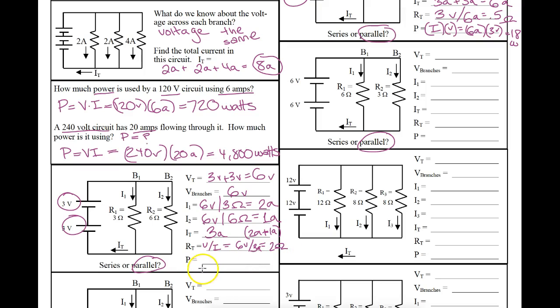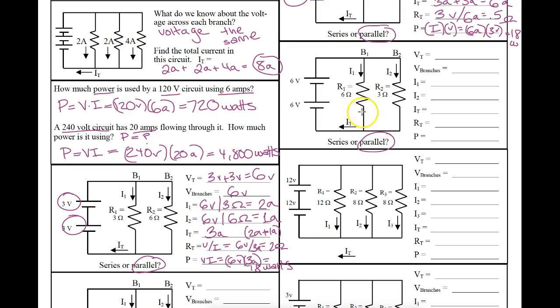Get that little symbol in there. And then again, power is V times I. So it's going to be your voltage, which is 6, times your current, which is 3, which is going to be 18 watts, which I'll put down right below. Okay.